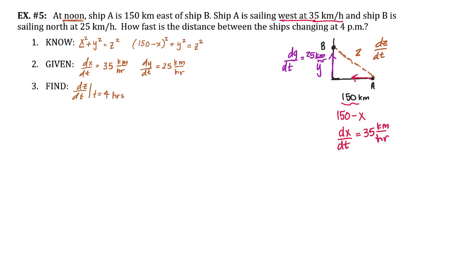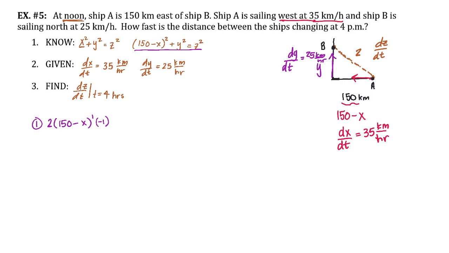All right, so first we need to find the derivative of what we know. We're looking at the derivative of this part here. We'll have to use the chain rule for that first term. We multiply the 2 down times (150 minus x) to the first, and then times the derivative of the inside.